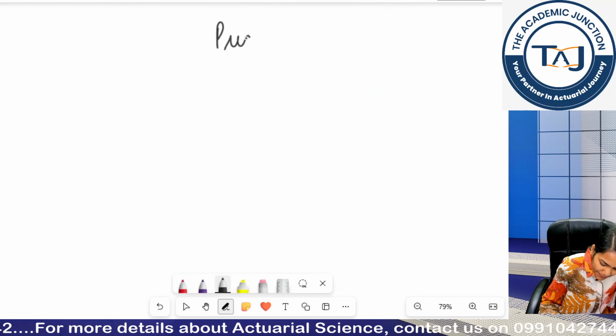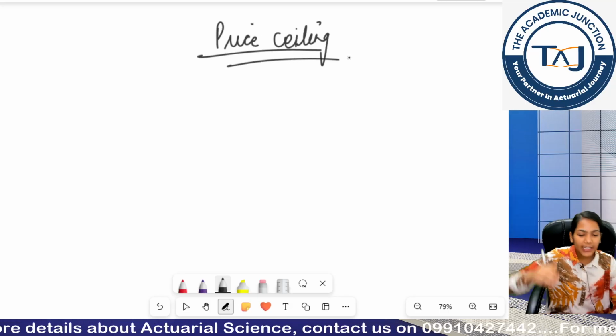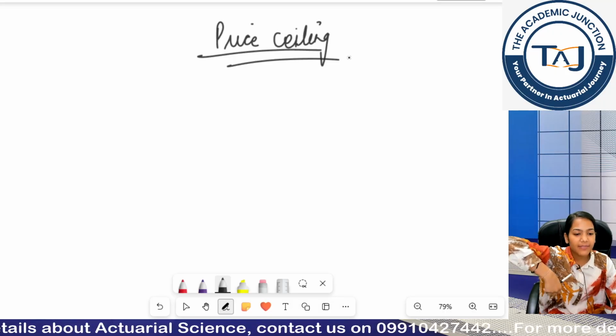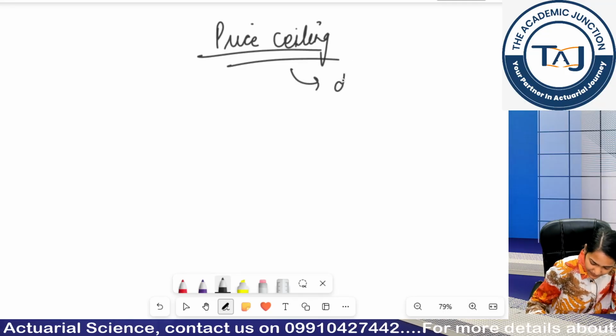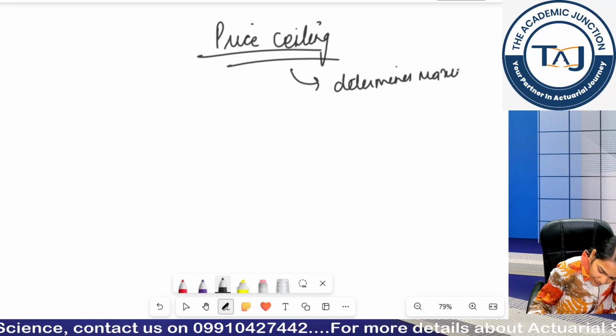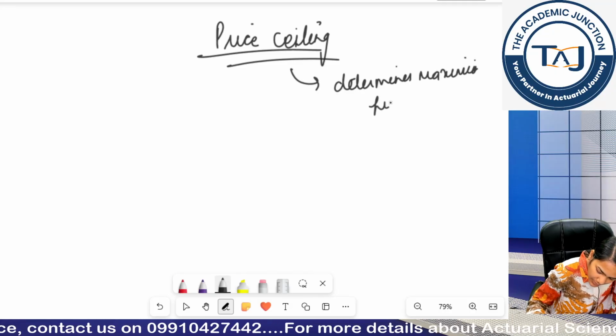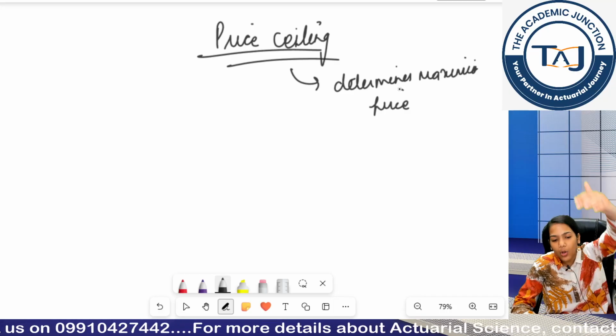Moving forward, our next topic was price ceiling. Now, a ceiling is always at the top, which is why we will determine the maximum price. When I am setting something as a maximum, it means I am not allowed to go above that price.